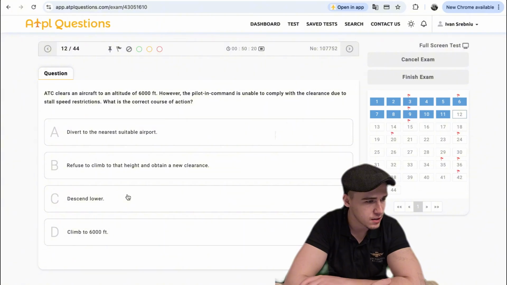ATC clears an aircraft to an altitude of 6,000 feet. However, the pilot in command is unable to comply with the clearance due to stall speed restrictions. What is the correct course of action?